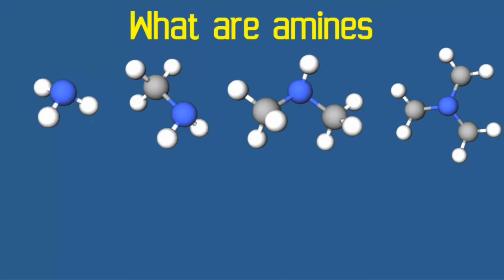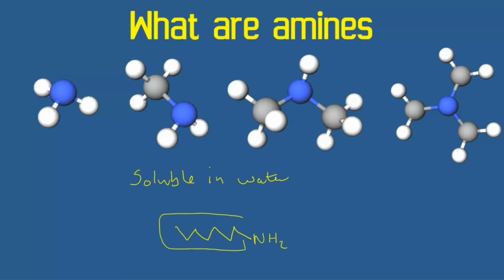So short chain amines, like these, tend to be soluble in water. But as the chain gets bigger, let's make a big chain here. So this long one, what, 1, 2, 3, 4, 5, 6, 7 carbons long, this one may not be soluble, because the non-polar hydrophobic chain is just not soluble enough.